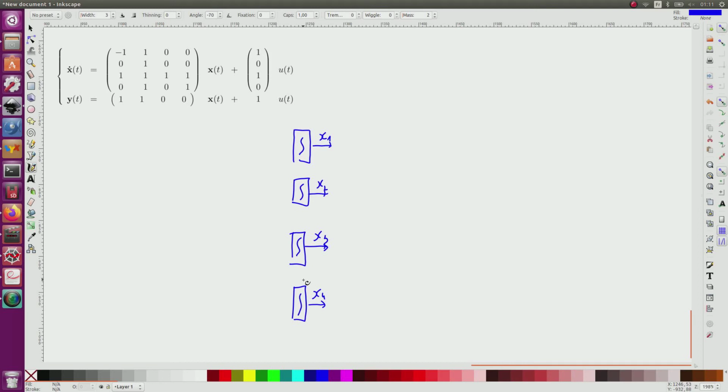If I take x1, I can see that I can reach from U a plus here, I plus everywhere, and here I have x dot 1, x dot 2, x dot 3, x dot 4.